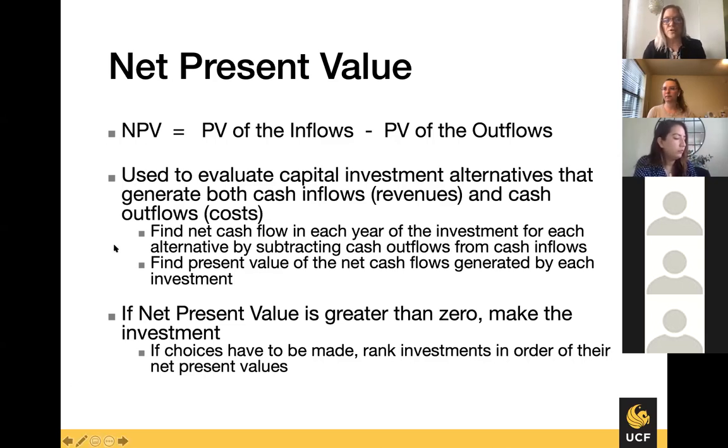Essentially, what you want to do here, and this is over a period of time that's greater than 1 year, is find the net cash flow in each year of the investment for each alternative and subtract the cash outflows from the cash inflows, so that each year of the investment or the project, you are calculating the net cash flow.